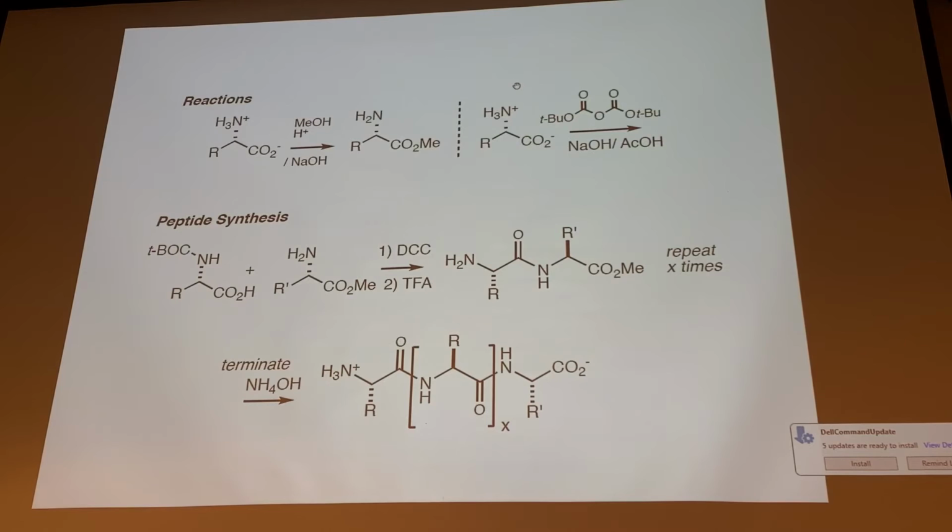And we've got to do a couple things here. We've got to look at some protecting groups. We'll see this protecting group here called BOC or t-BOC. We'll use our old friend DCC here to make the amide bonds here. And then there's a dimer put together. On the C terminus side, we always have an ester, either a methyl ester or a benzyl ester, or we link it to a solid support.